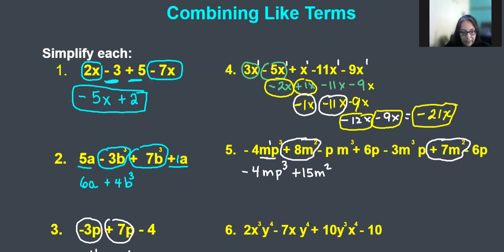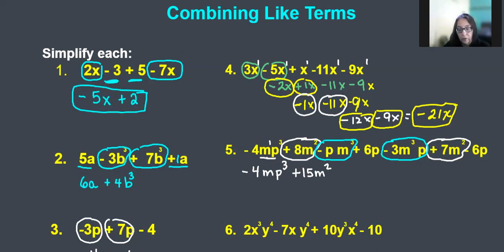What do we have next? We got a negative p m to the third. So the next term has a p, but it doesn't have an m, so I can't do anything. The next term has a p and it has an m to the third. Well, this one has an m to the third also. So these are like terms. That's like a -1 there.